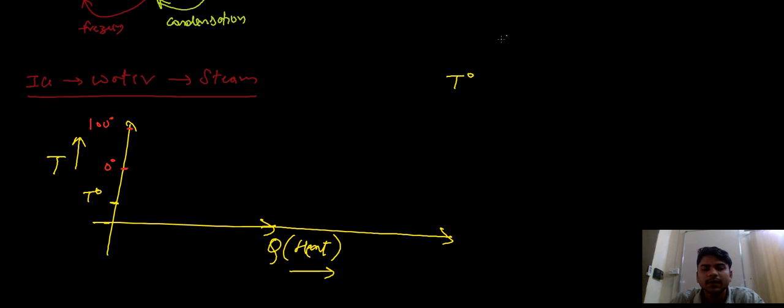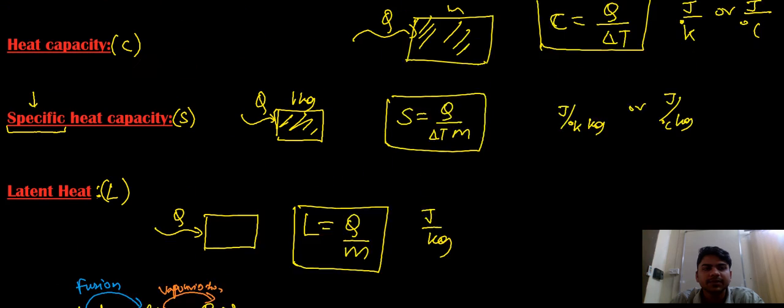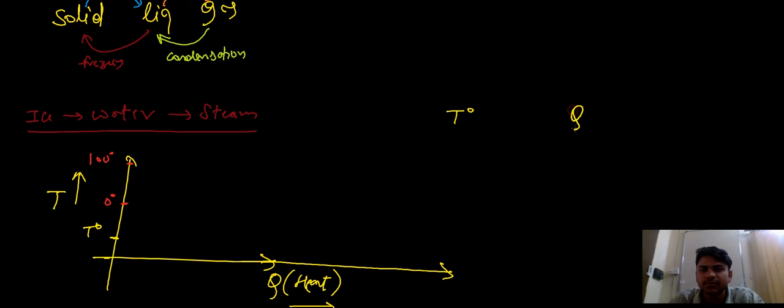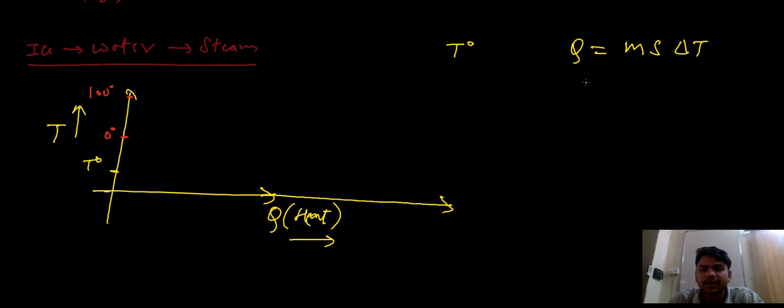First of all, the relation which you need to have, I'll be using that very first term. I can say that your Q is m s delta T. Delta T can be represented as T, your temperature right now, minus the initial temperature T naught.